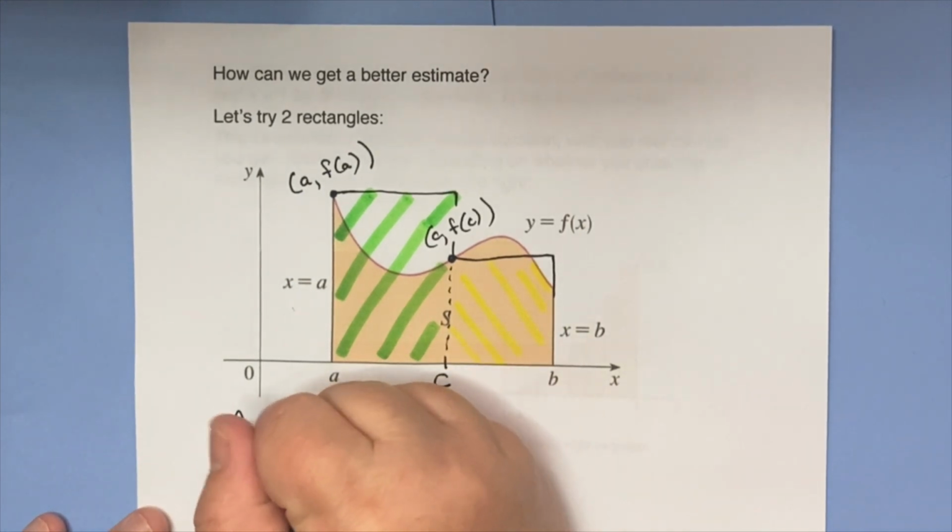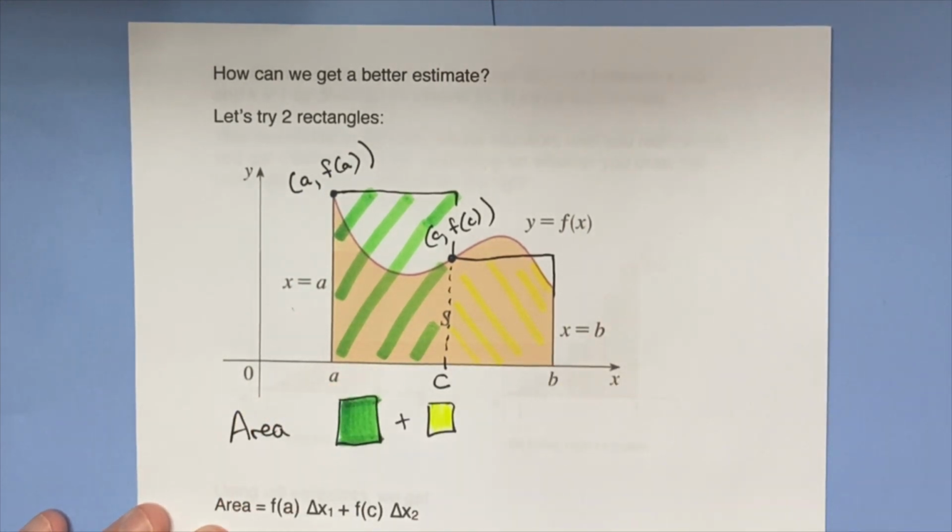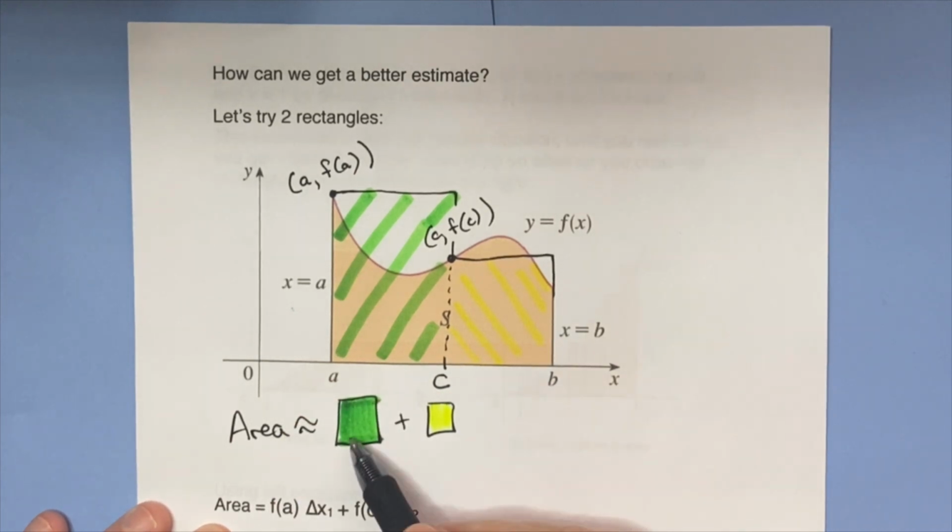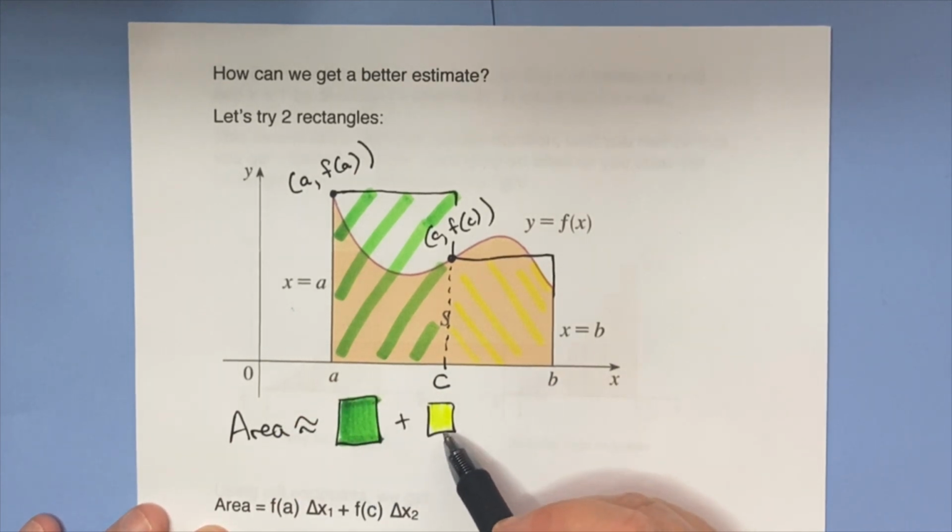So the area here that I am hoping it's going to be close to is the green rectangle plus the yellow rectangle.